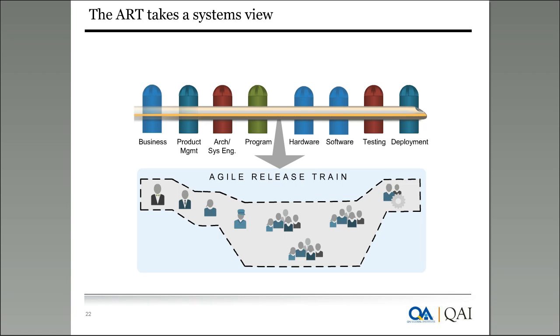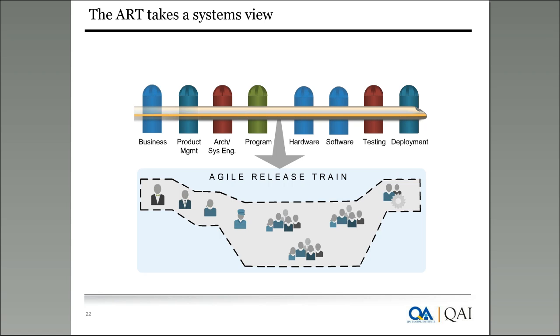If you look at it, the agile release train basically takes a systemic view. It brings together the people we need to deliver large amounts of value. That can include business people, the product management group, architects, system engineers, program stakeholders, hardware and software teams, testing teams, all those people.